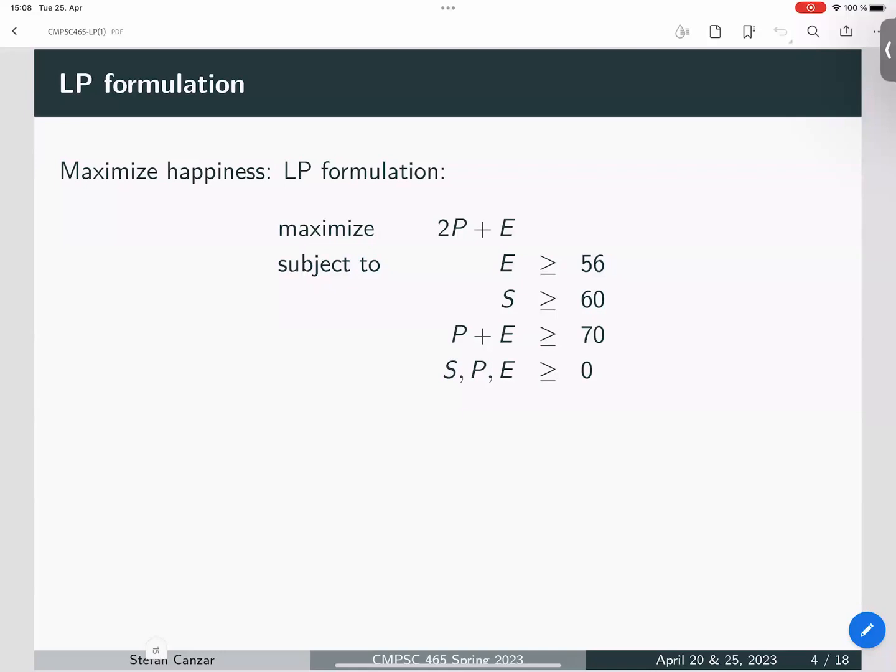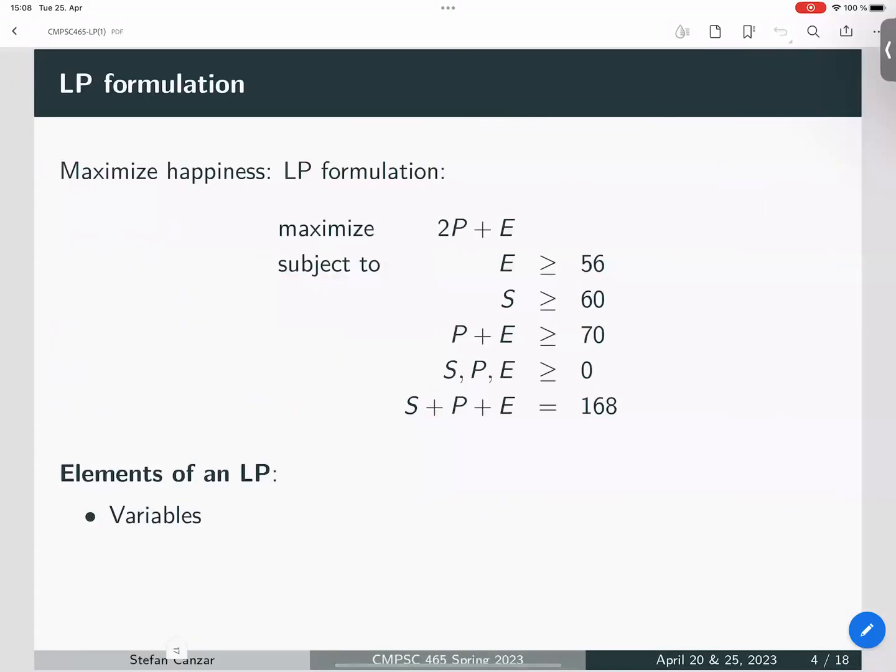What? The total hours, exactly. So we want to have the sum of these be summing up to 168, the number of hours we have in 1 week. And we require that all these variables S, P, and E be non-negative, because we can't spend a negative amount of hours in eating.